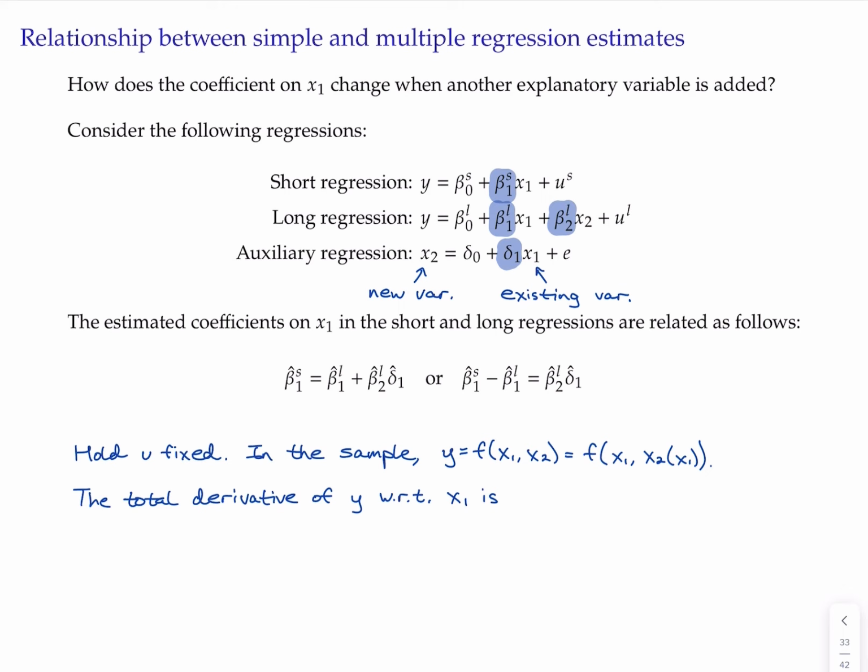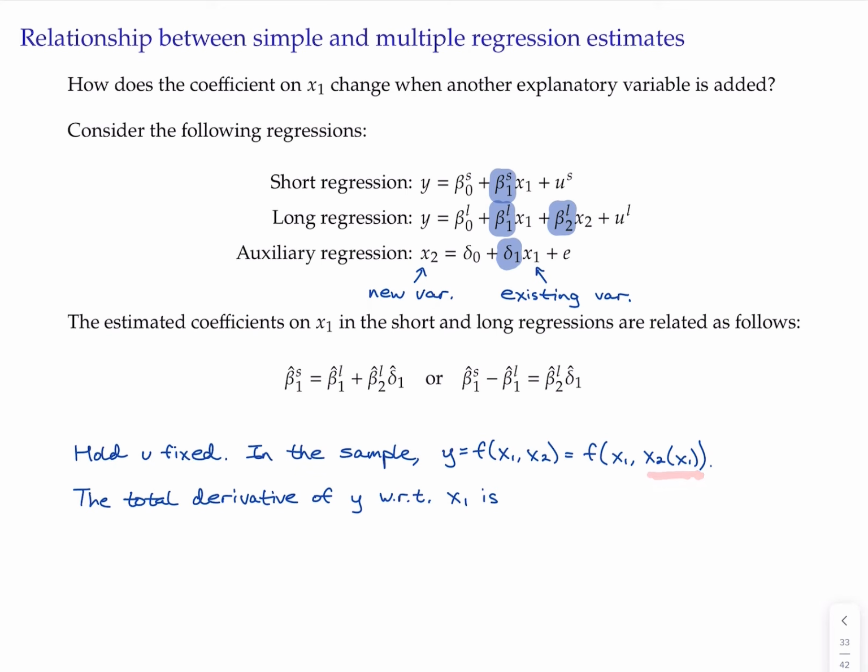Go back to the model. Imagine holding u fixed. Let's imagine we're thinking here of the long regression model. So holding the error term fixed in the sample, remember, you run this regression using the variables y, x1, and x2 in the long regression. In the sample, think of y, log wages, as a function of x1 and x2. And remember that x2 is going to be related to x1.